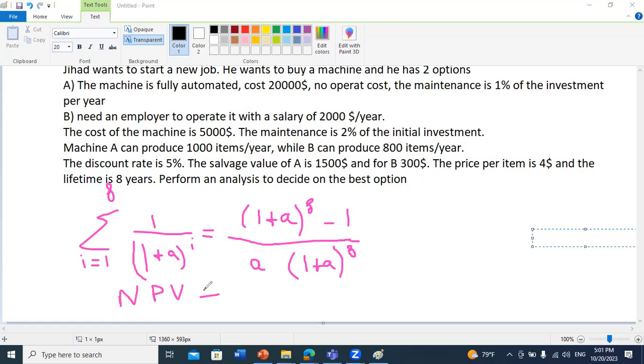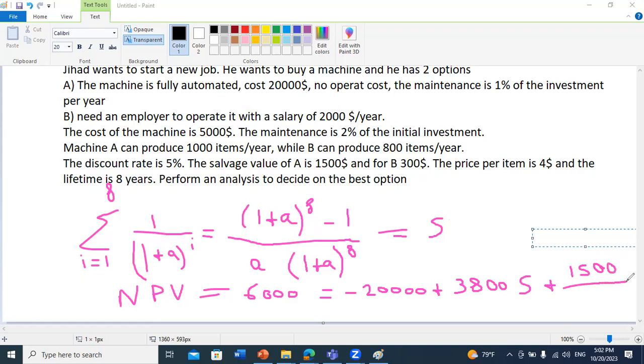I want the NPV to be $6,000, so it should be equal to minus 20,000 plus 3,800, which is the amount that you are gaining per year, times this term that I will call the summation S, plus the salvage value, which is 1,500 over (1 plus a) to the power 8.